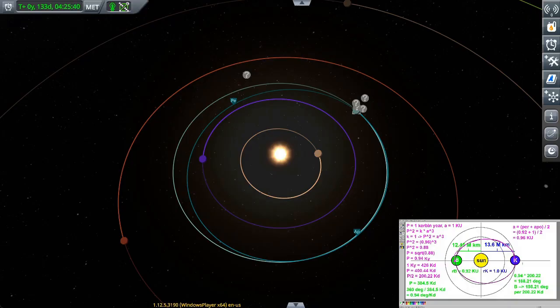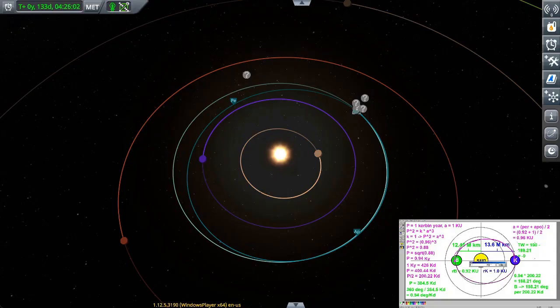So that means then that the launch window, so transfer window, is equal to 180 degrees minus 188.21. Right.